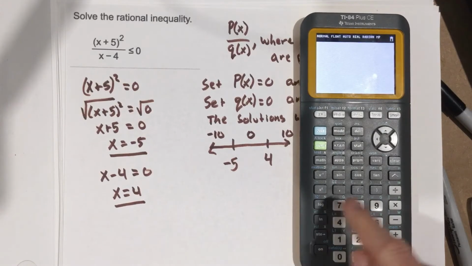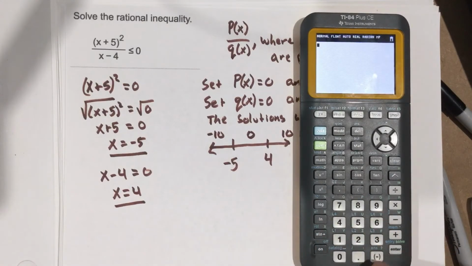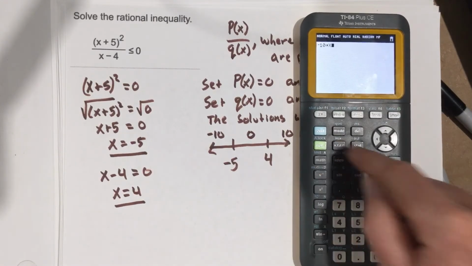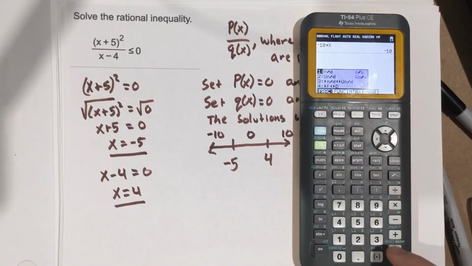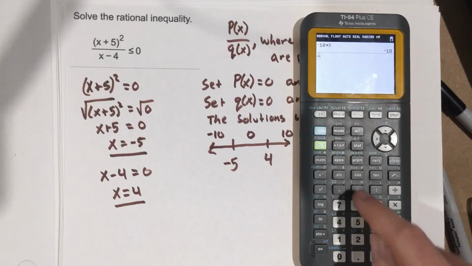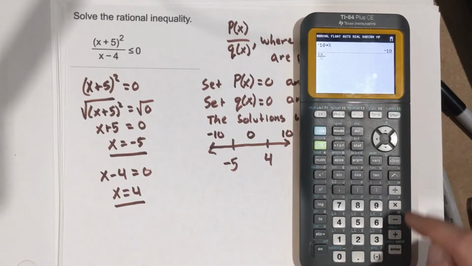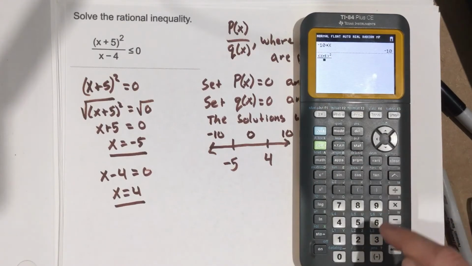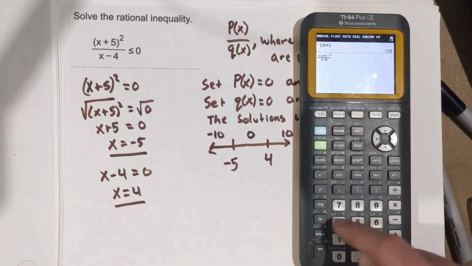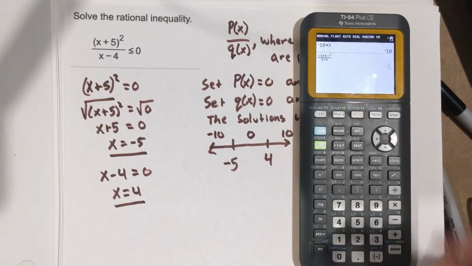All right, so we're going to say negative 10, store it as x, and then I'm going to put in a fraction, which is x plus 5 squared over x minus 4. Enter.